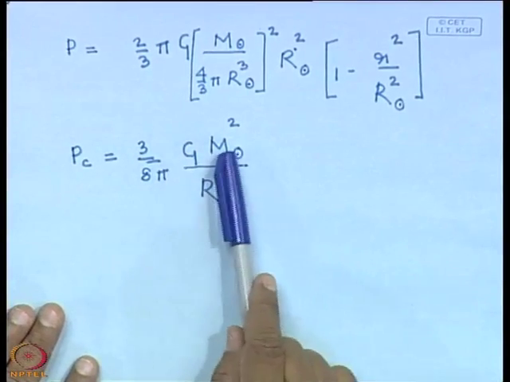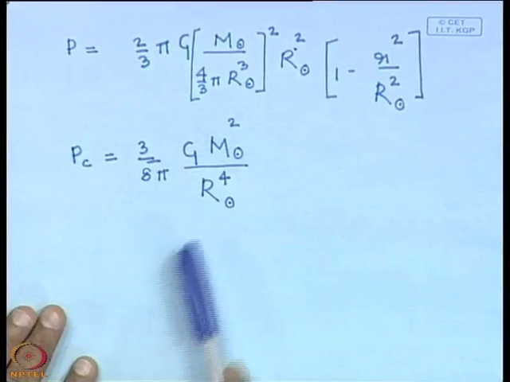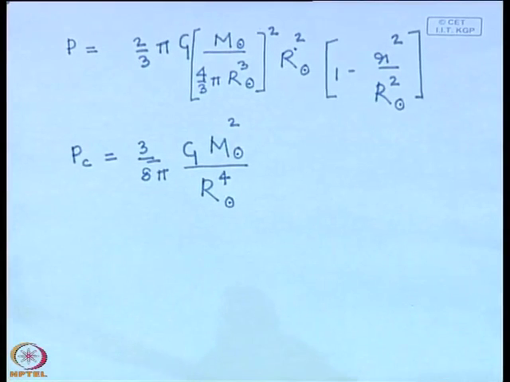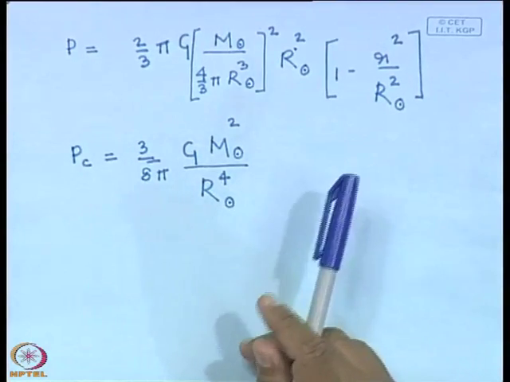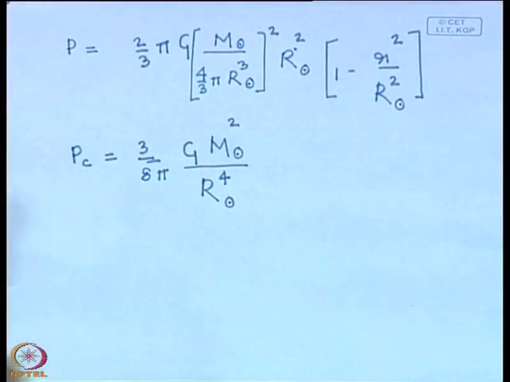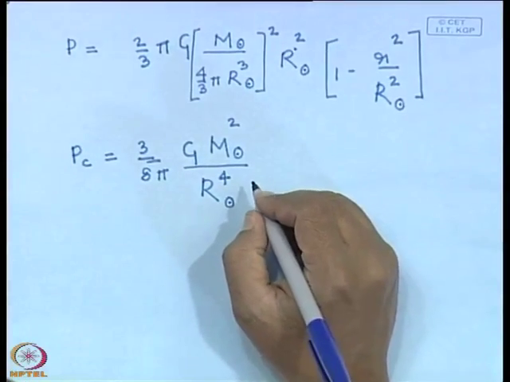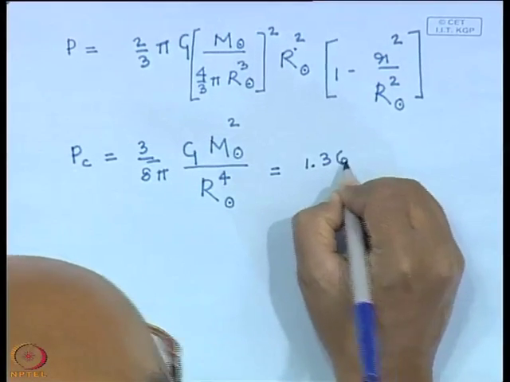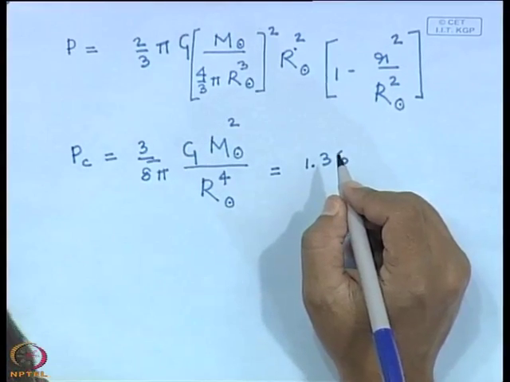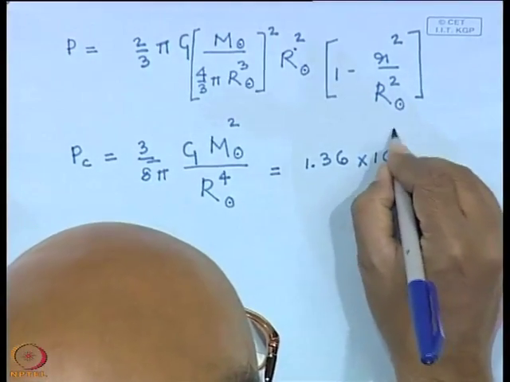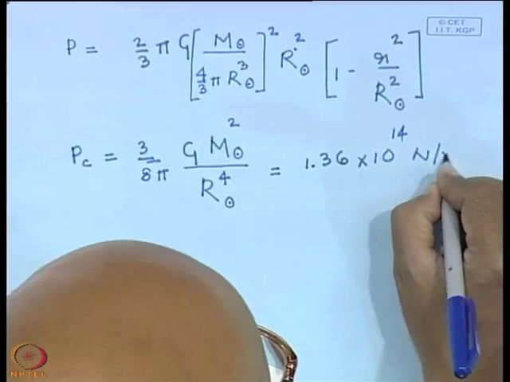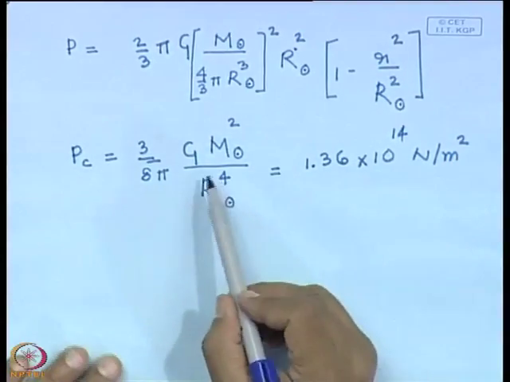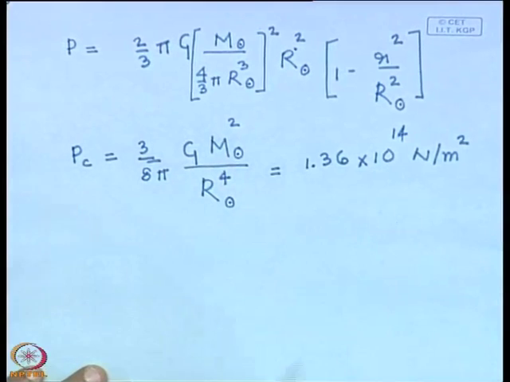So, we can put in the values of G, the mass of the sun, and the radius of the sun, and we get an estimate of the pressure at the center of the sun, and this comes out to be equal to 14 newtons per meter square. I will ask you to yourself check this, just put in the numbers and calculate it, check it for yourself.